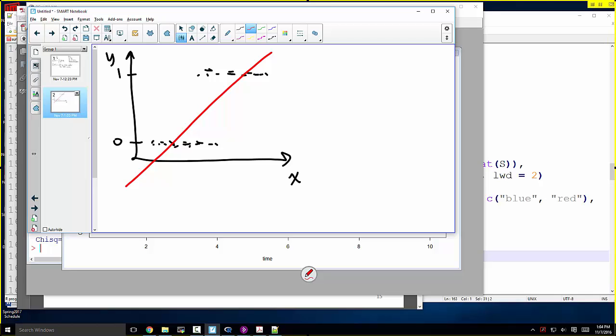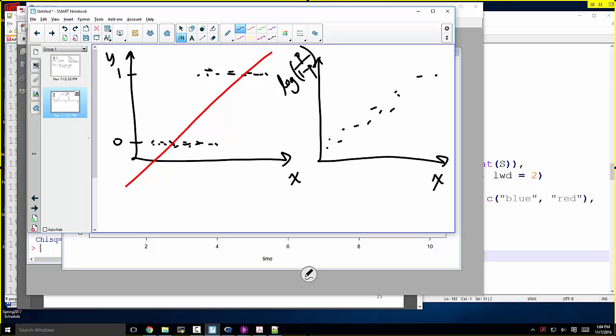So what we do instead is we reparameterize, and for our response we use a log odds. Log of p divided by 1 minus p, and this is expected to have a linear relationship in x.